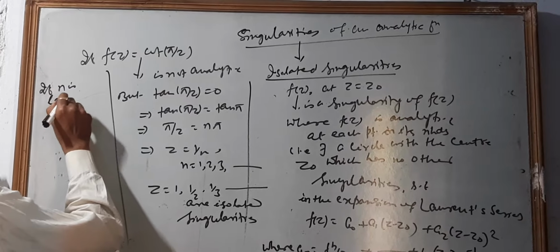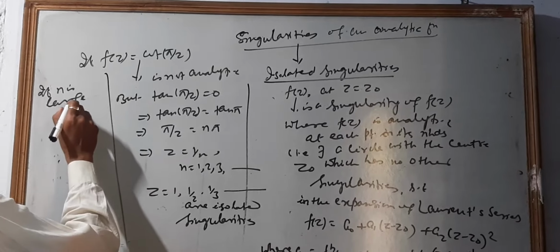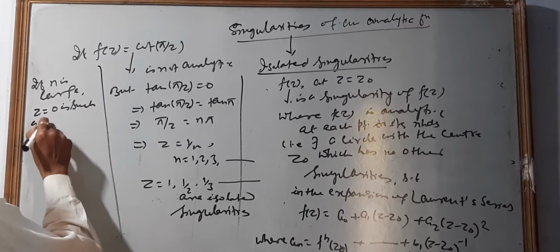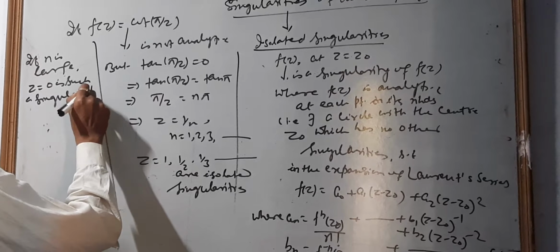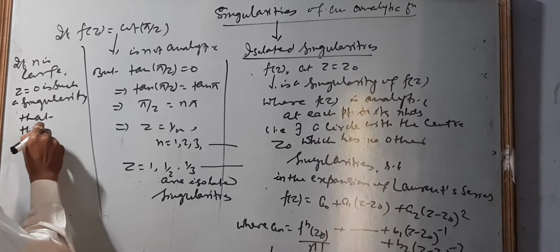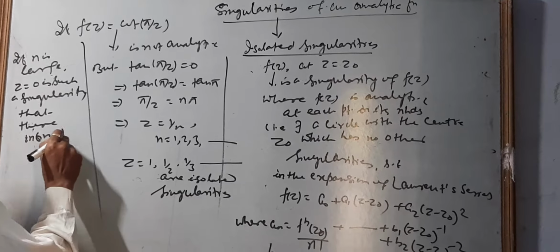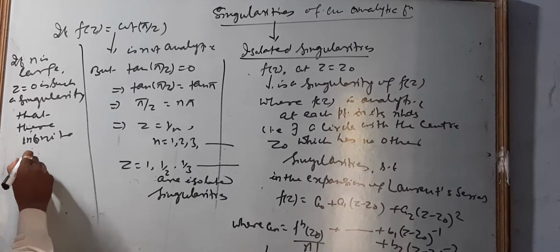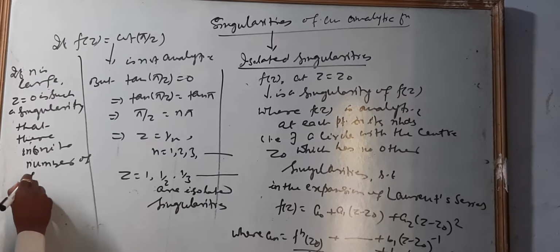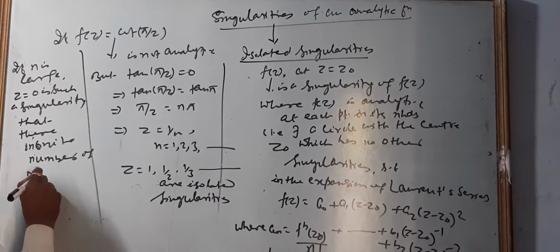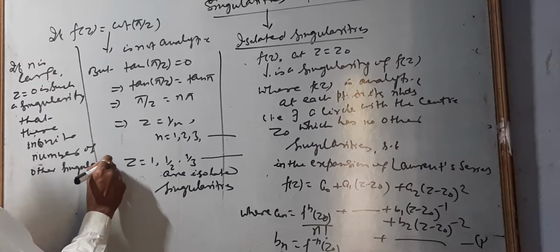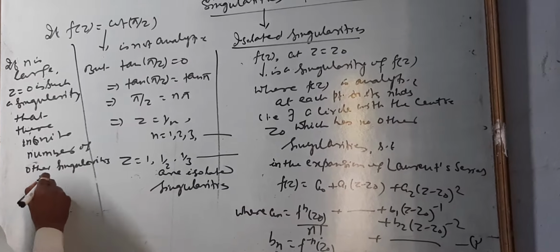When n is large, z equal to 0 is such a singularity that there are an infinite number of other singularities in its neighborhood.